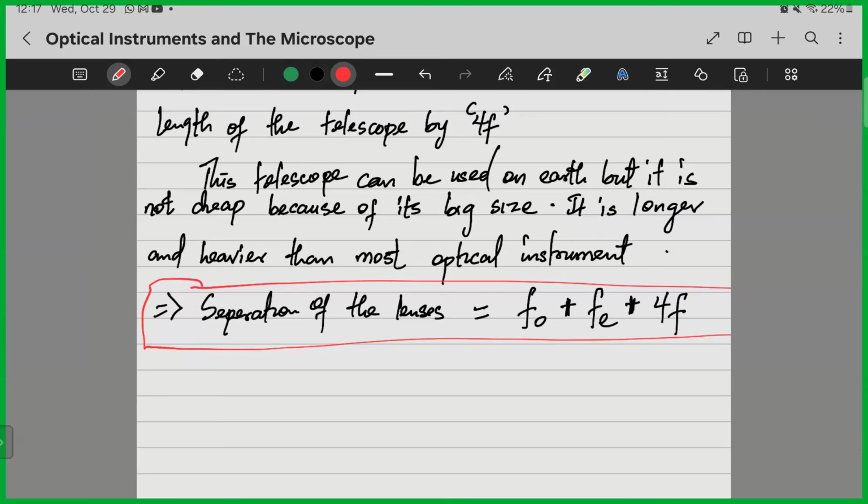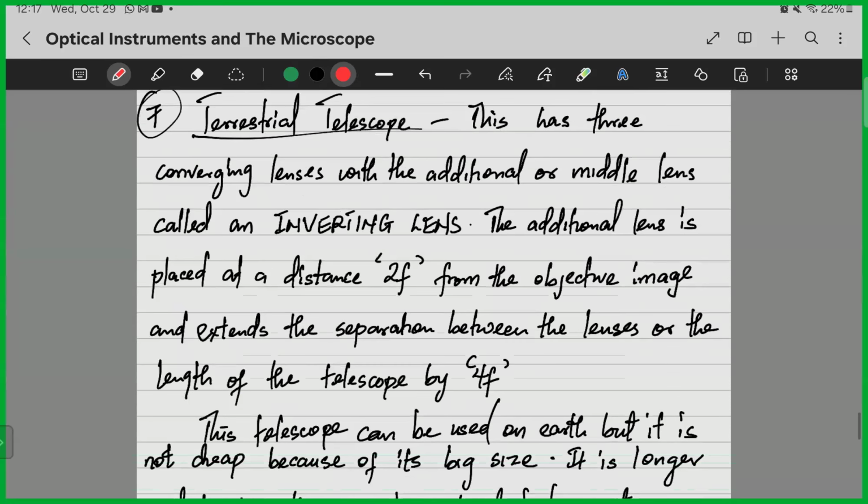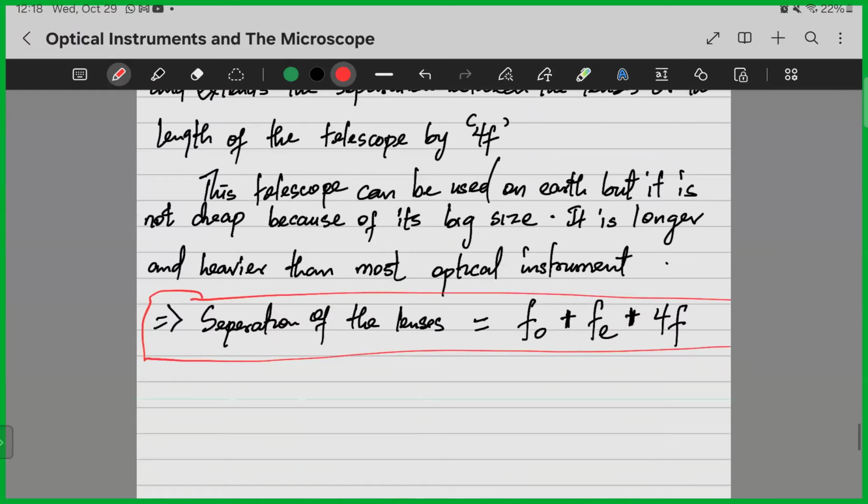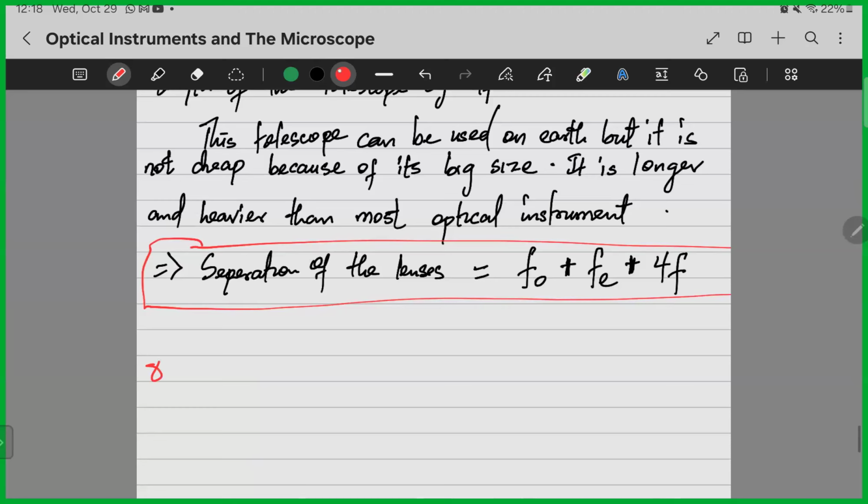We'll move straight to the next optical instrument. I will talk about two more before we call it a day in this class. Then I'll continue in the next class. So I'm going to talk about the binocular.